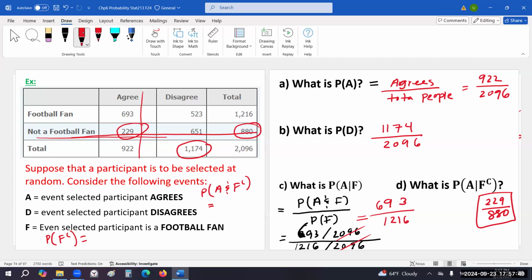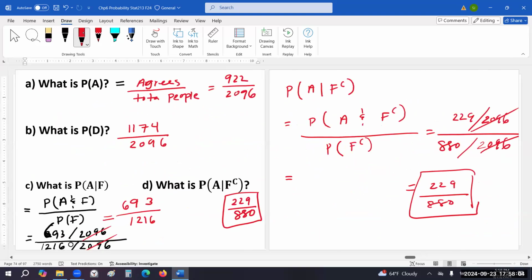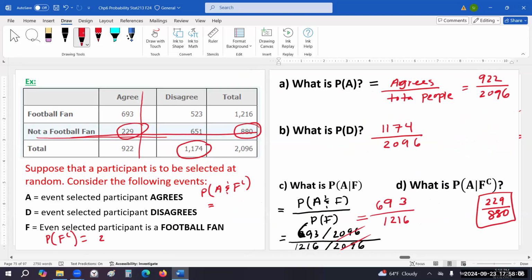Single not football fan is total number of not football divided by total sample size. So this is the single one, 880 divided by 2096. Now it says take someone who agrees but not football.